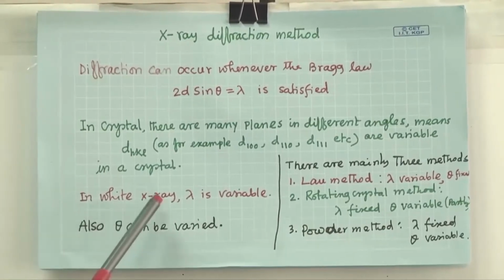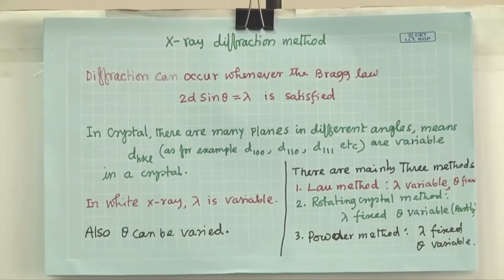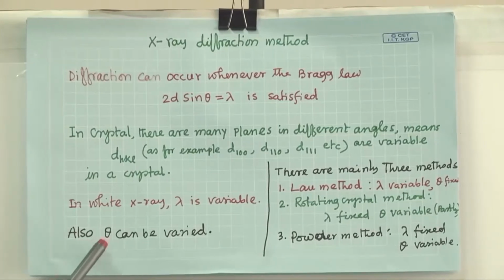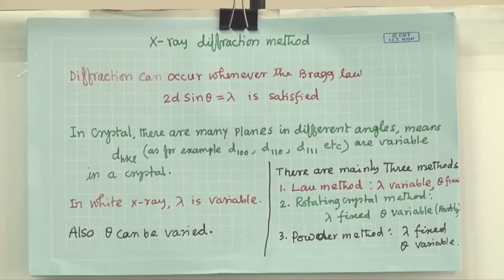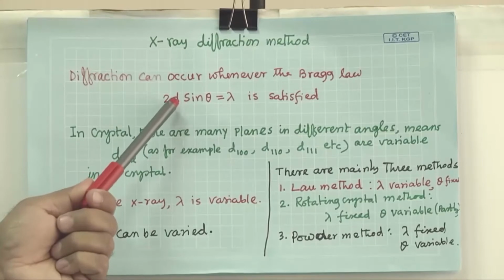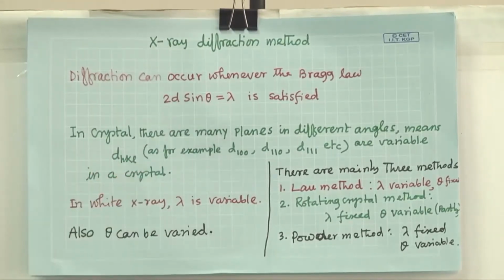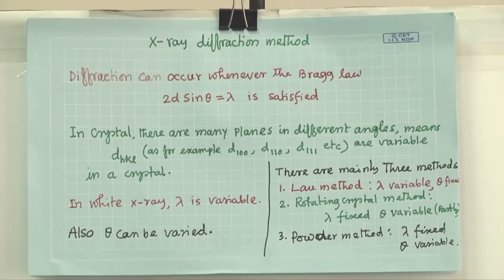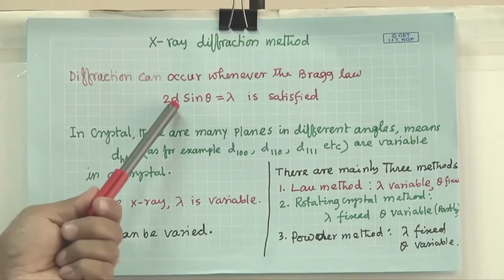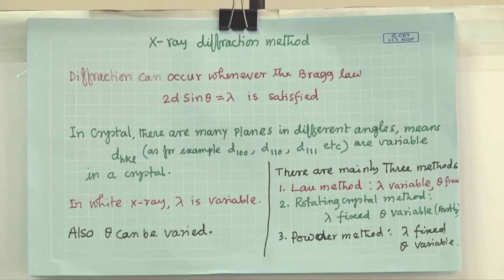In white X-ray, lambda is variable, and theta can also be varied. So, here you see 3 parameters: one is d, another is theta and the other is lambda. In white X-ray, lambda is variable, so you can choose any lambda. In a crystal there are many values of d, which is why we write d_hkl for different planes.